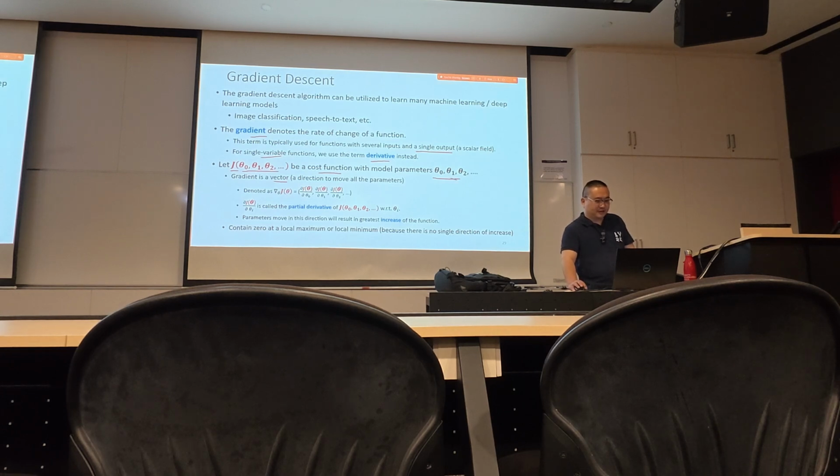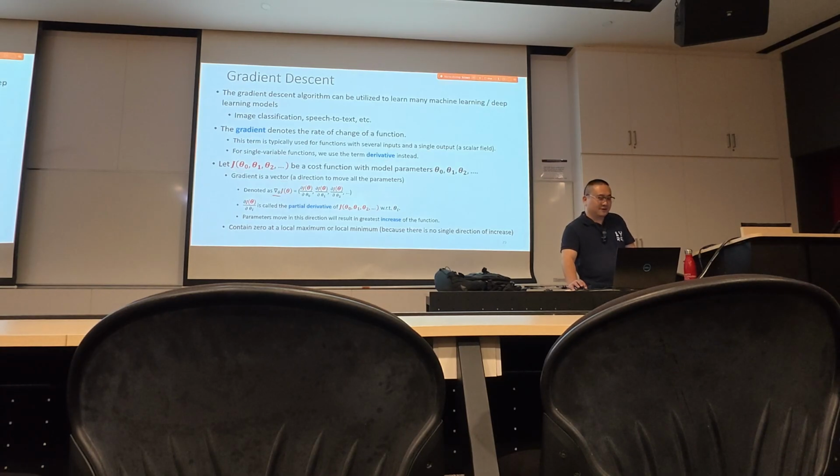We denote the gradient using this notation: you can see this triangle, called nabla. Nabla_theta J(theta) means the gradient of J, the cost function, with respect to theta. You can see the subscript theta; this is the notation we use in deep learning, and also in math.